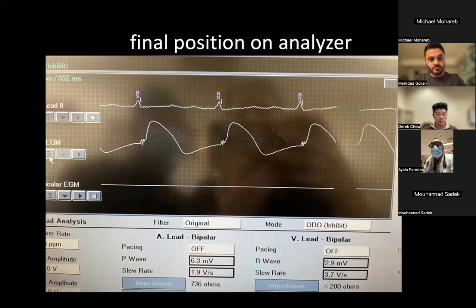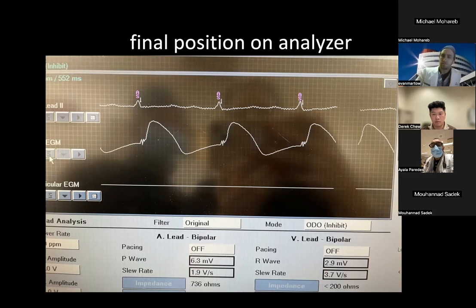And what you see 10, 15 minutes later is that your current of injury is gone, but your real sensing is the first part of what you see there. So you end up with the current of injury of 30, 40, and your R wave 10 minutes later is 5 in unipolar, because all the injury current is gone, and your real QRS is the first part of what you see on the screen there.